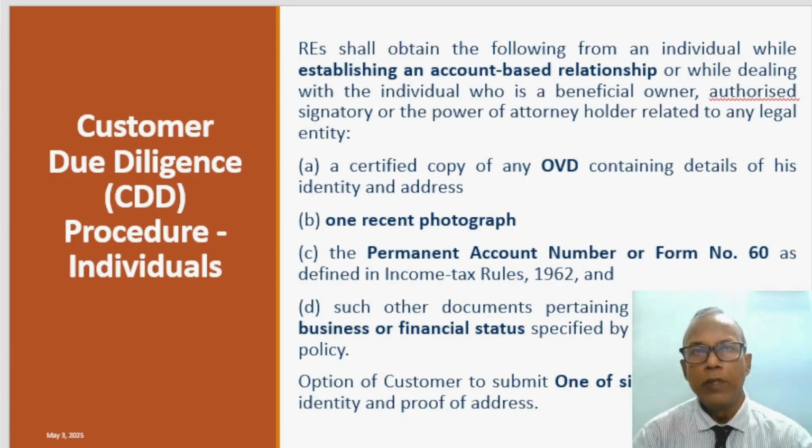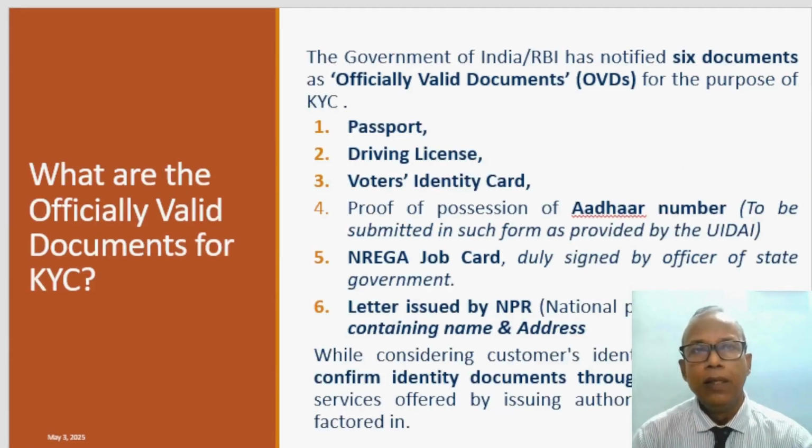Customer due diligence for individuals. Customer due diligence for individuals requires a recent passport size photograph, PAN or Form 60, and any one of the 6 officially valid documents called OVDs. These are passport, driving license, voter ID, Aadhaar, MGNREGA job card, or letter issued by the National Population Register containing name and address of the customer.